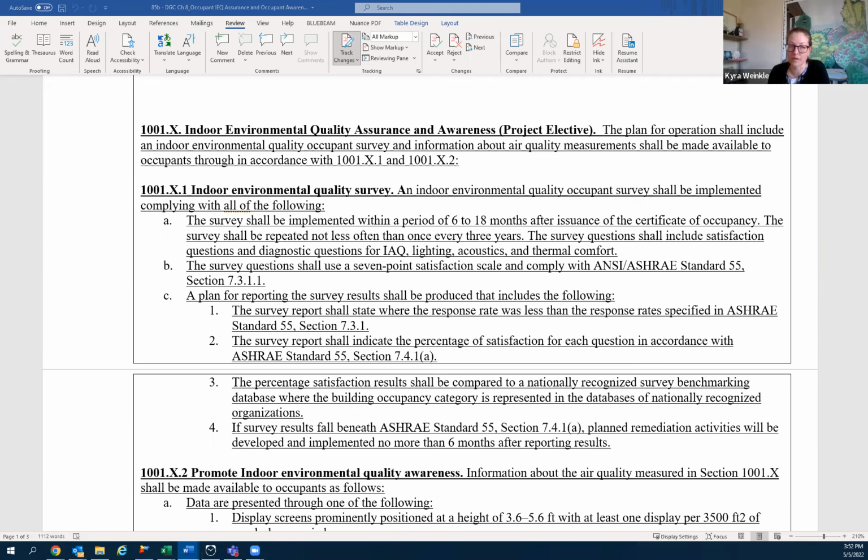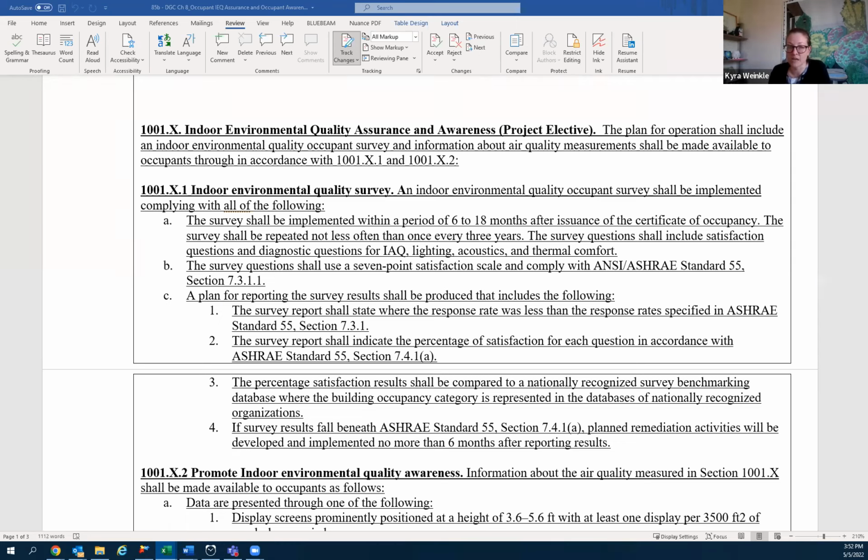This requires that a survey be implemented within a period of 6 to 18 months after issuance of the certificate of occupancy, and then repeated not less often than once every 3 years, and should include questions about satisfaction and diagnostic questions for lighting, acoustics, and thermal comfort. And then, of course, we have some remediation requirements depending on those results.